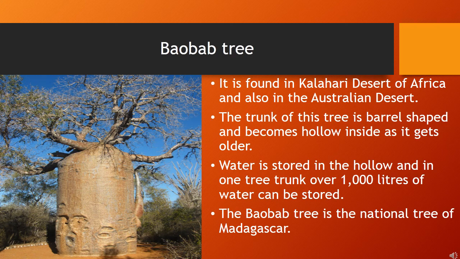Imagine how huge it must be in reality if we get to see it. The baobab tree is also known as the national tree of Madagascar. Madagascar is a place in Africa, and there it is famous as the national tree of Madagascar. So children, this is all about today's learning.